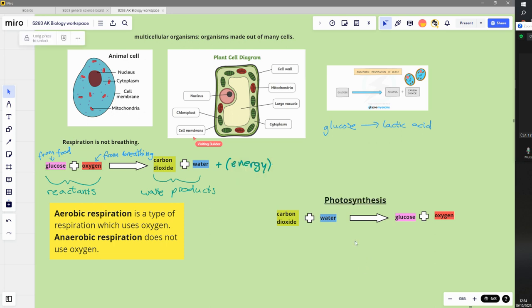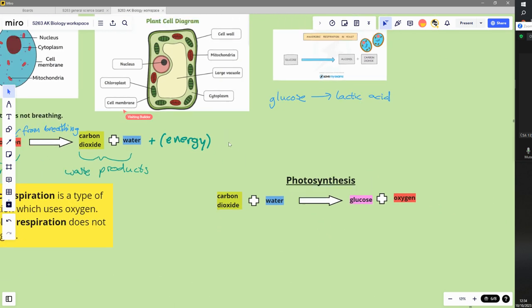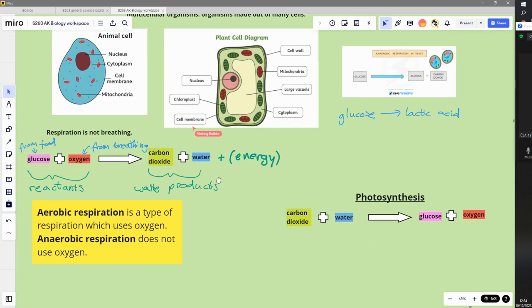Now, if respiration is releasing energy, then photosynthesis can't also be releasing energy. It must require energy. So, a little bit more advanced: if something is releasing energy, we can call it exothermic. It releases energy. Exo means out, thermic, you can think about like thermal, like heat.